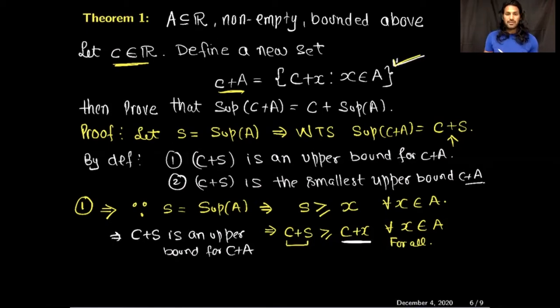So therefore C plus S is an upper bound for C plus A. So that shows our first part.